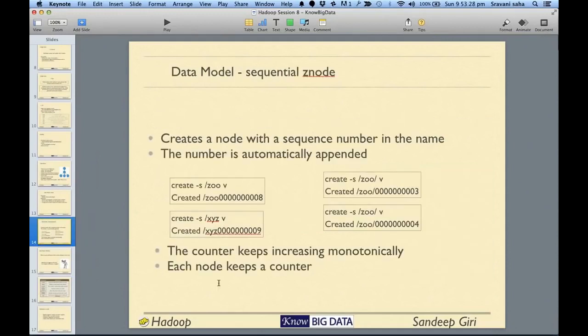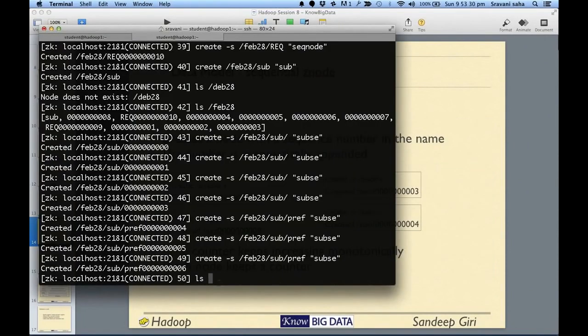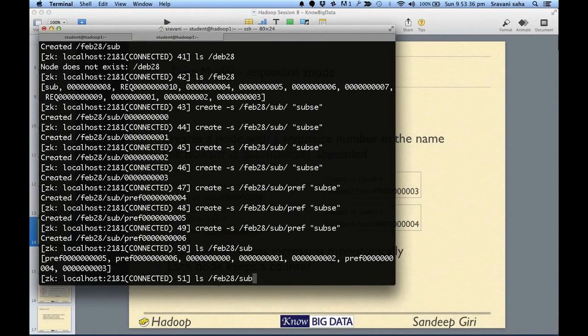Now, let me ask you a few questions. Fab28 sub. Now, if I say create -s and this, we want to call xxx.